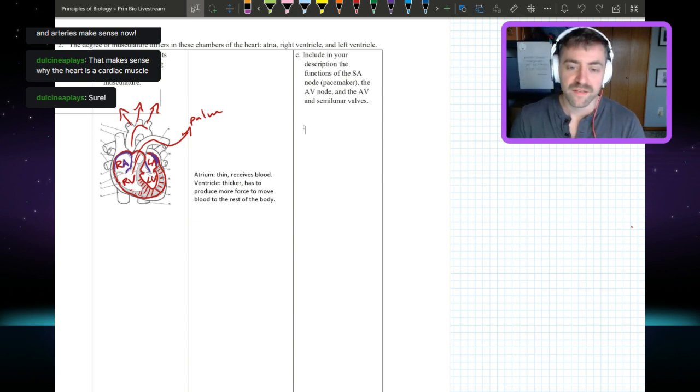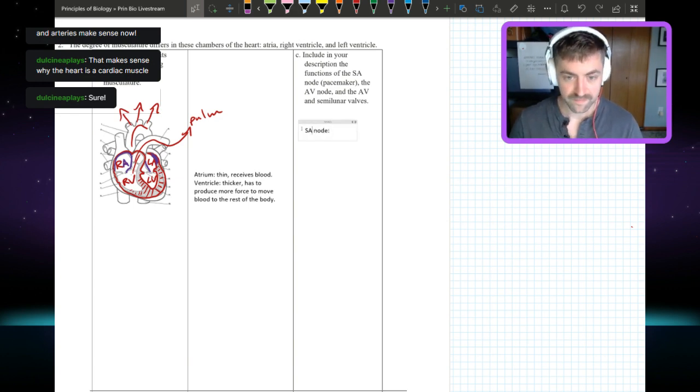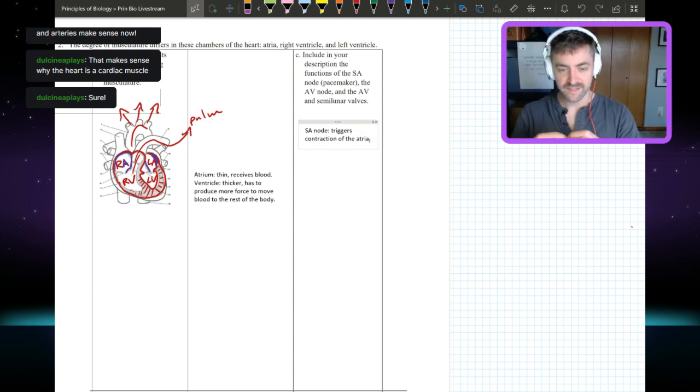Cool. The signal from the SA node, also called the pacemaker, triggers the contraction of the atria. Atria, again, is receiving the blood.